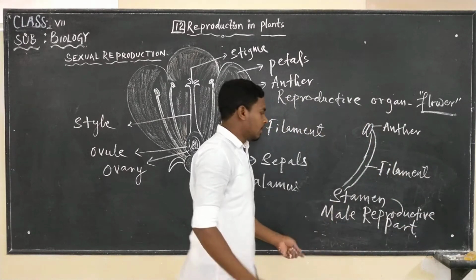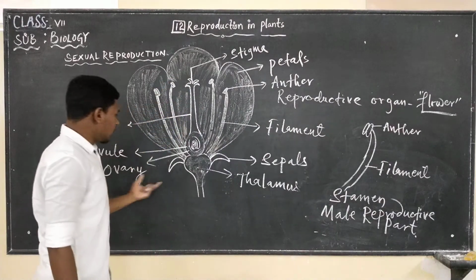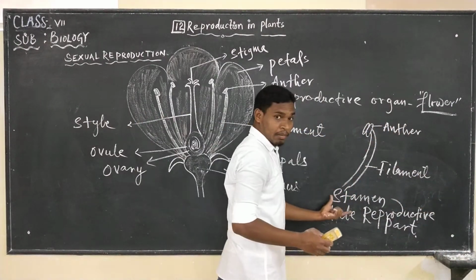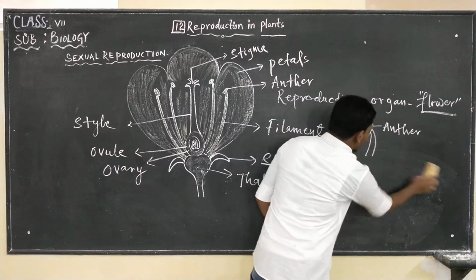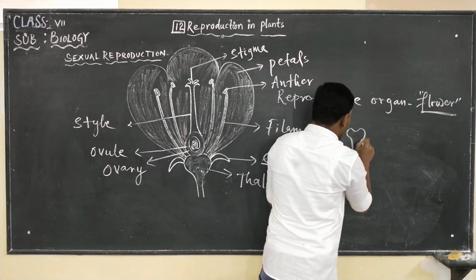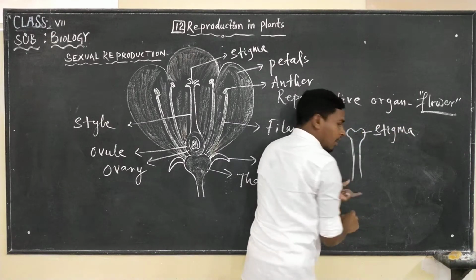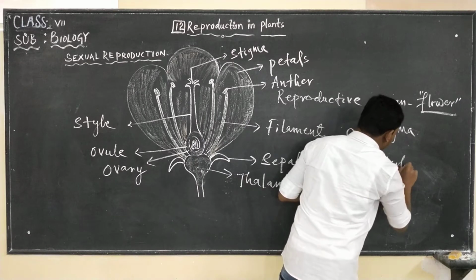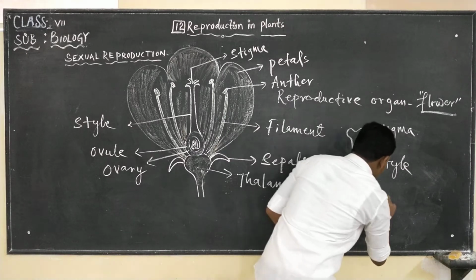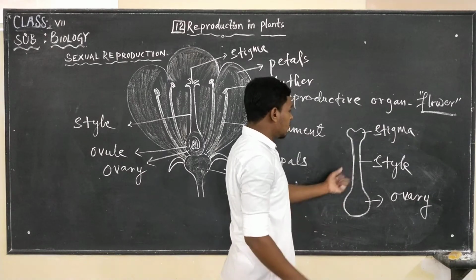Now which is the female reproductive part? This stigma along with style and ovary. That is the female reproductive part, known as pistil.